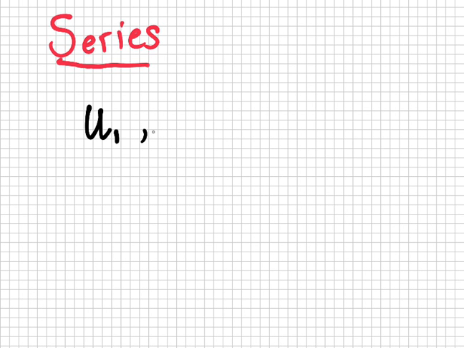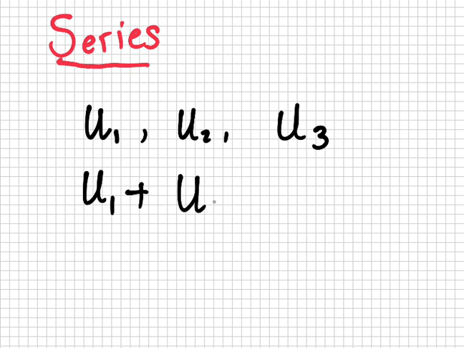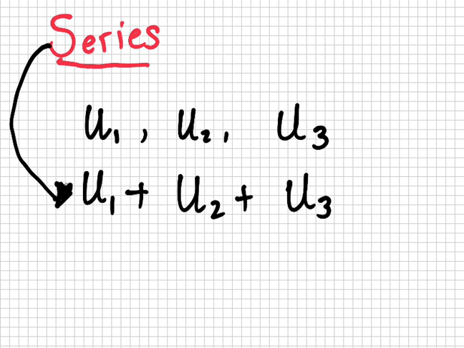Okay, so listen up now. So just to clear up some vocabulary, just to be clear. This is a sequence, but this here is a series. So we have sequence and series.